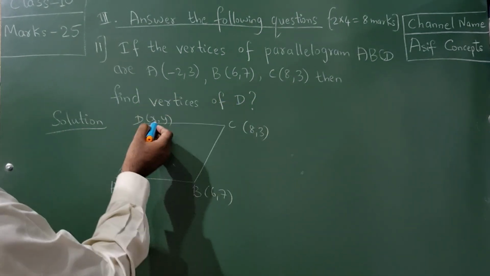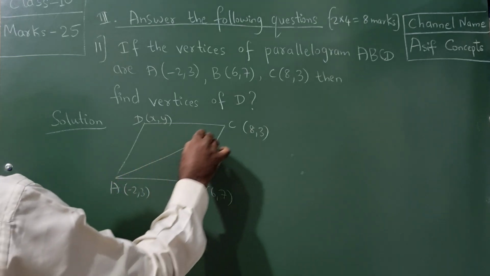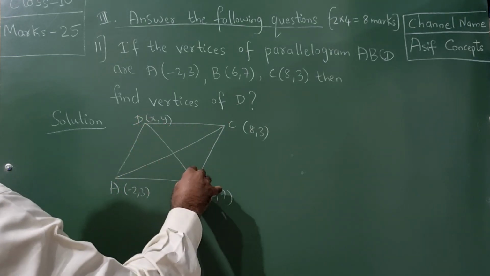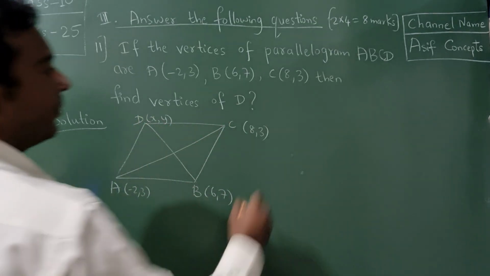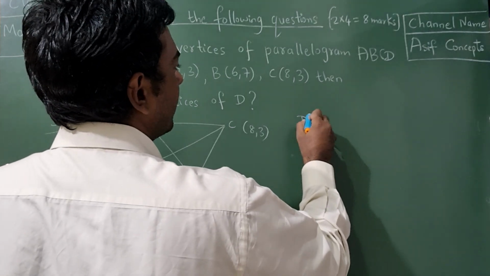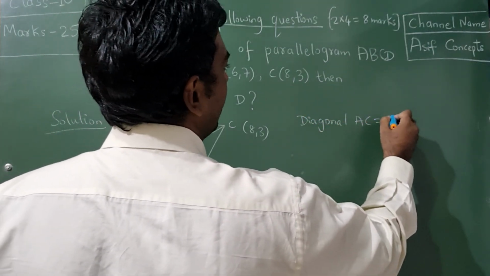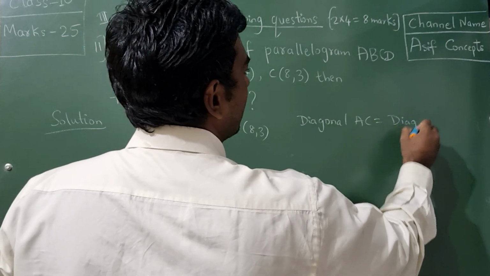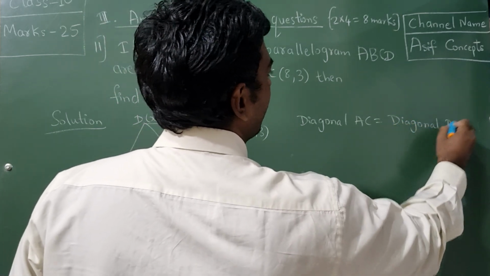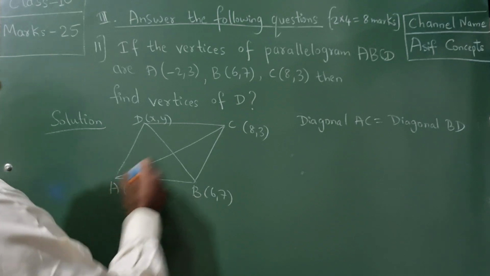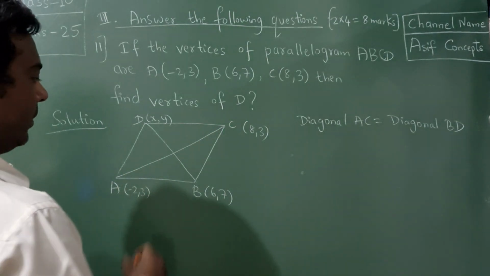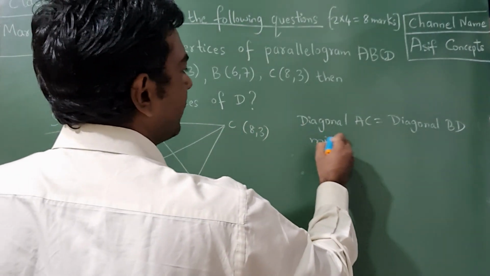Then what is the vertices of D? So I'm going to join the diagonal AC and BD. So I'm going to write here diagonal AC is equal to diagonal BD by using midpoint formula.